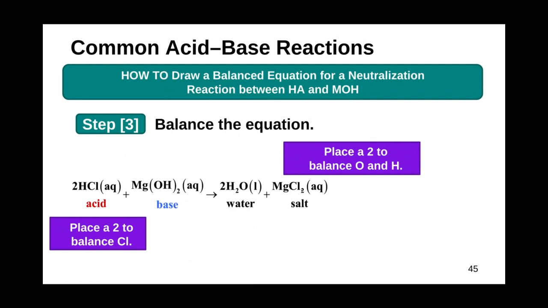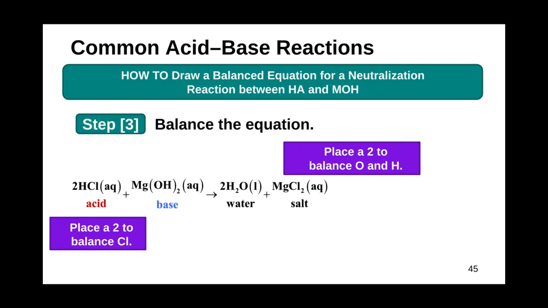Now, you'll notice that if we didn't have these, oh my goodness, I can't remember the technical name, I'm sorry. If we didn't have these coefficients in front, this equation wouldn't be balanced. So we need to make sure we balance this equation, just like we've done in the past.